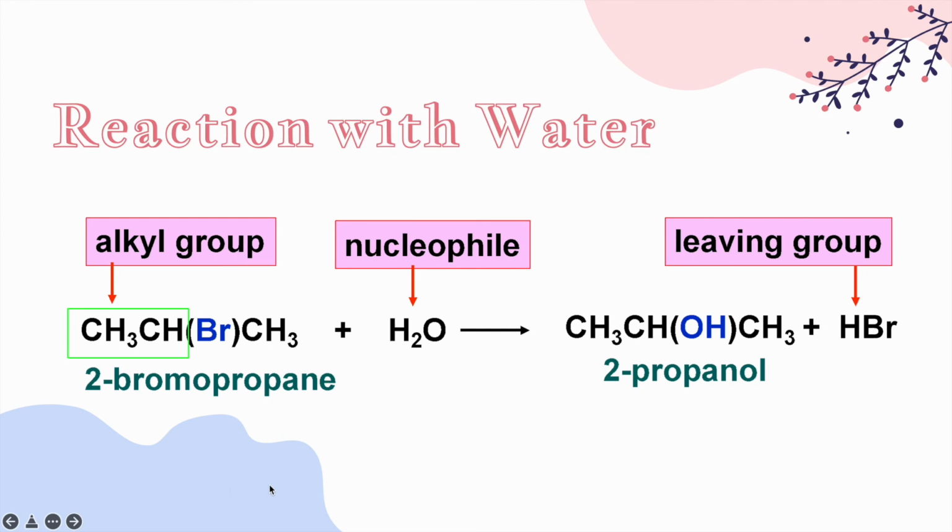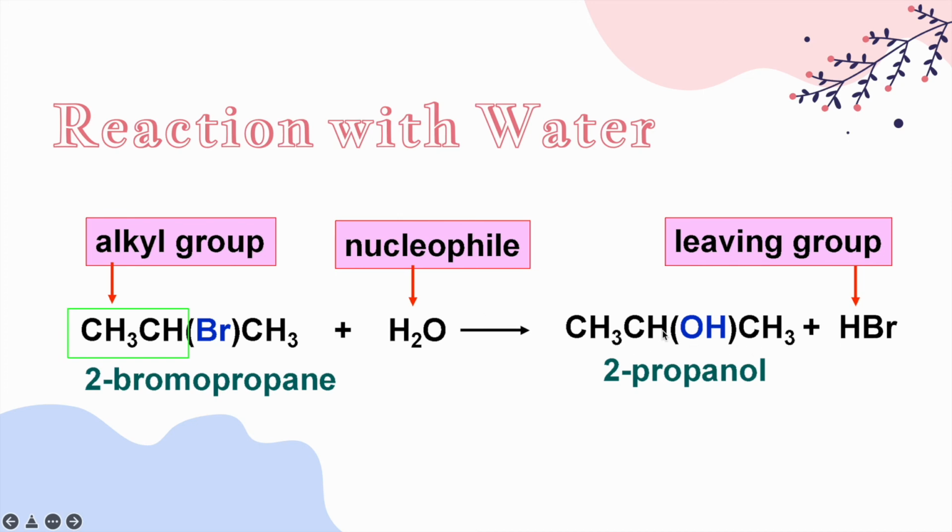Next, reaction with water. The alkyl halide, when it reacts with water, the OH will replace Br, and the leaving group is HBr. If you look at this, the difference is in the leaving group.